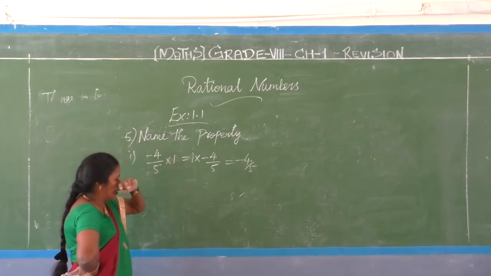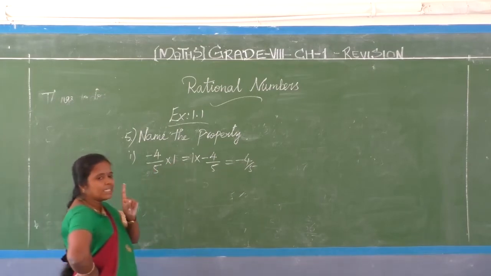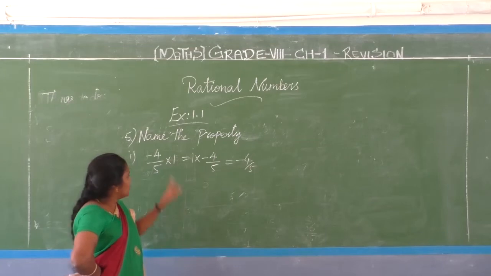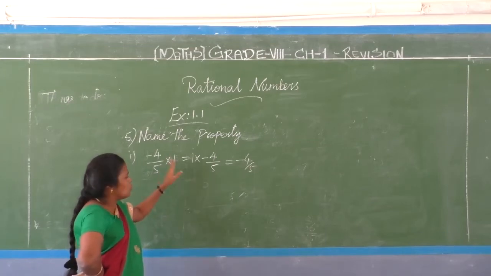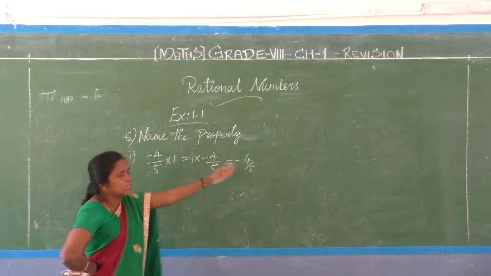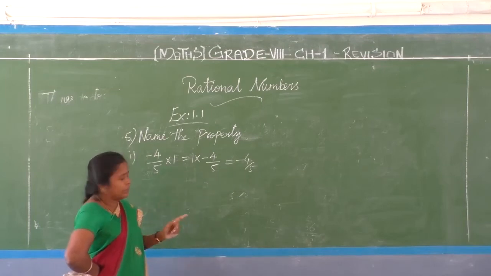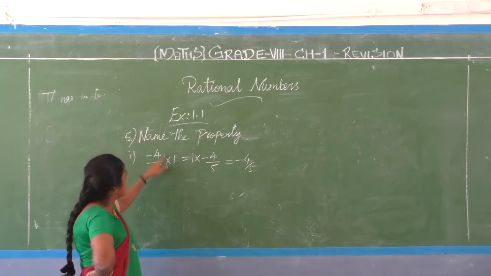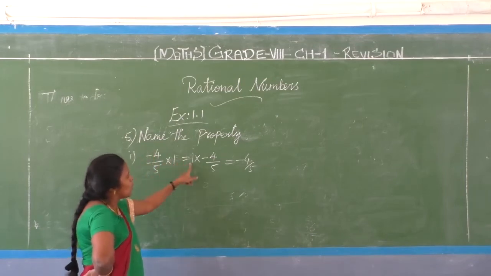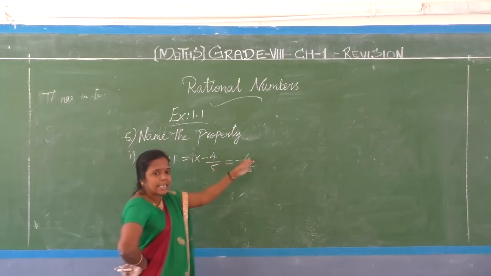One is the multiplicative identity. Whatever is multiplied by 1 gives the same. The general result is also, for any rational number a, a into 1 is equal to 1 into a is equal to a.